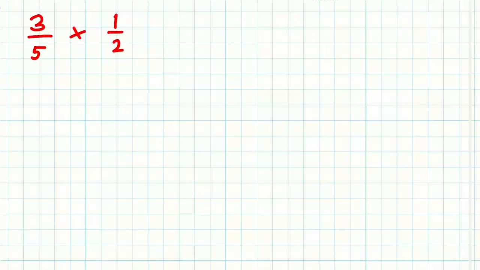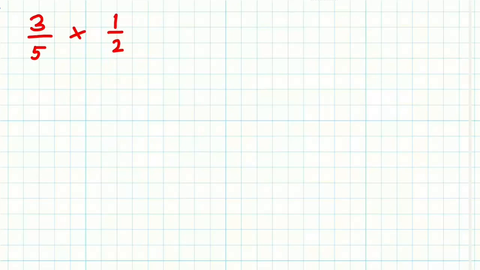So we'll look at some slightly different ideas for why this might work. So we're just going to do this for one calculation, although you can try and adapt these ideas to other calculations if you want. So 3/5 of a half.